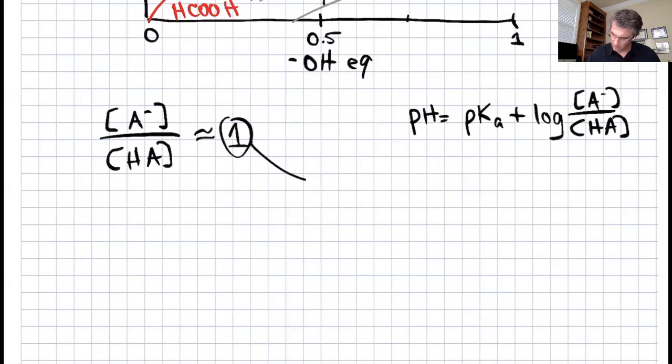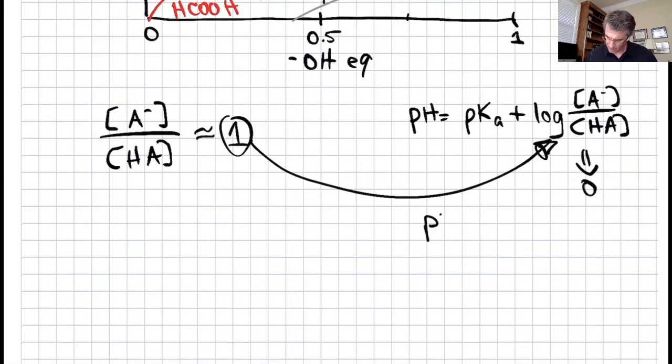If you take 1 and you take the log of it, what do you get? 0, of course, which means that at the equivalence point, when the concentration of conjugate acid and base equal each other, the pH equals the pK.